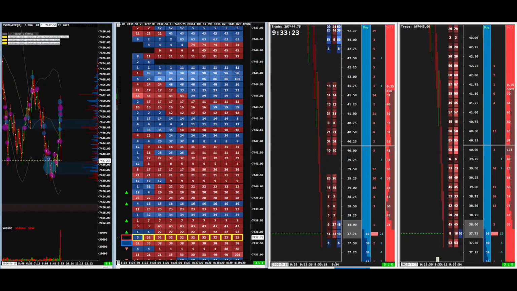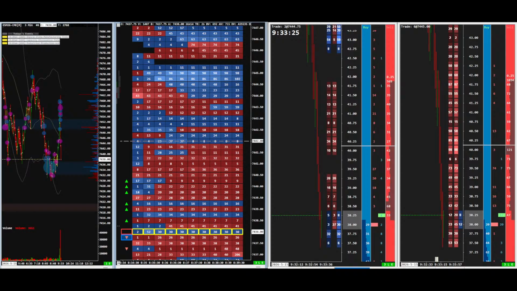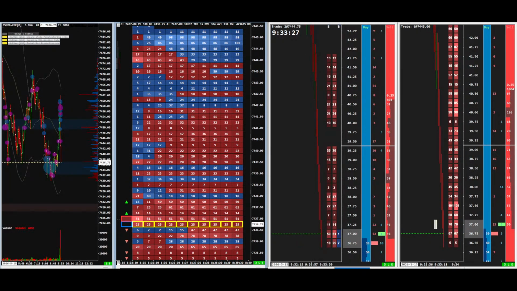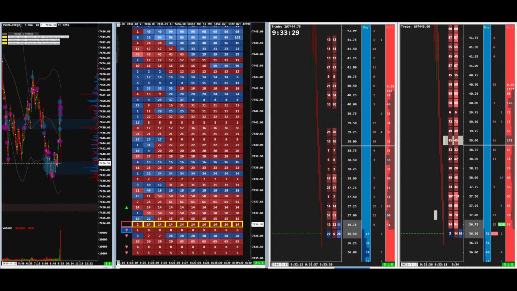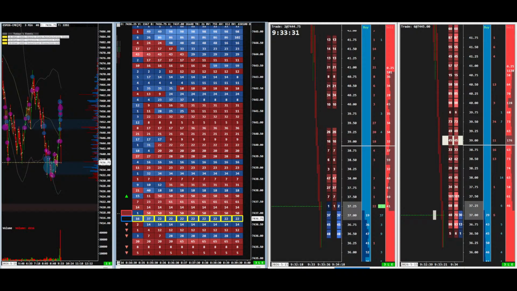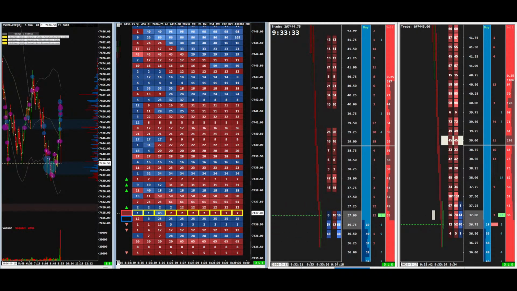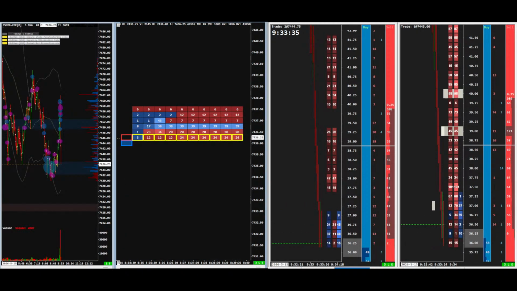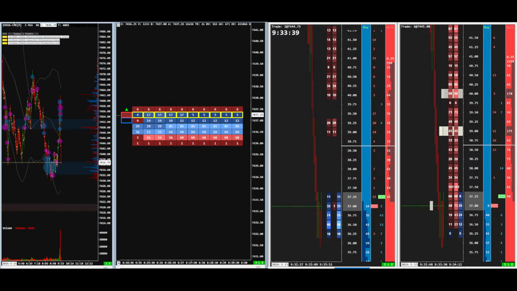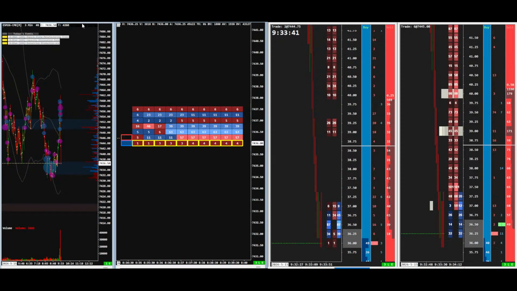I need to actually remove the tool from Sierra. You also don't want to overdo it with images. You want to try to explain.